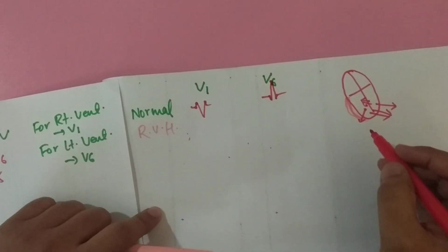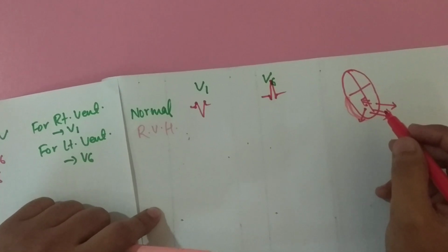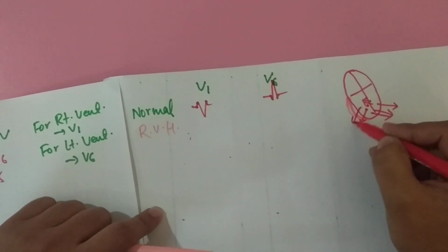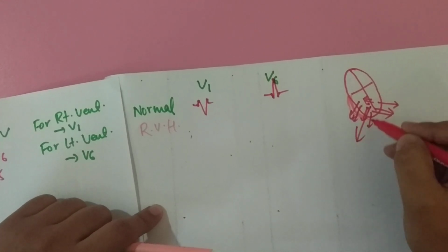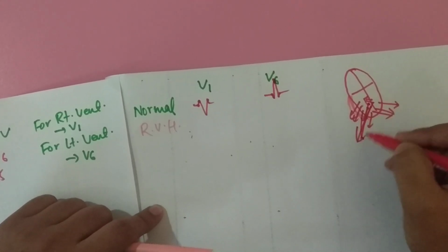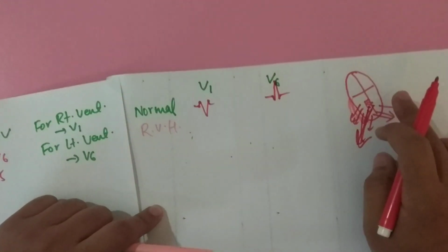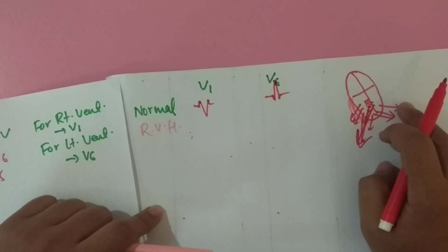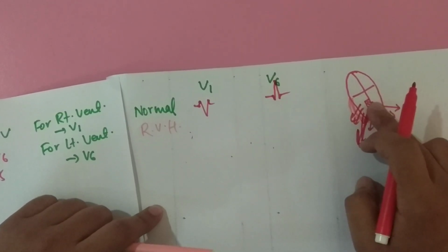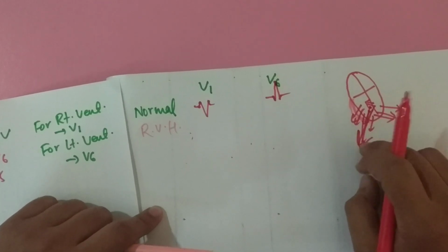The thing you need to keep in mind is that when there is hypertrophy, there will be more muscle mass. So the resultant vector will now be inclined in this direction, more towards this direction. Initially, in the normal case, the resultant vector was facing towards the left, but in case of right ventricular hypertrophy, it will be facing towards the right side, that is towards the V1 lead.